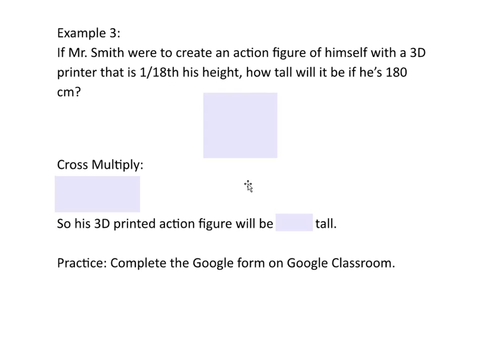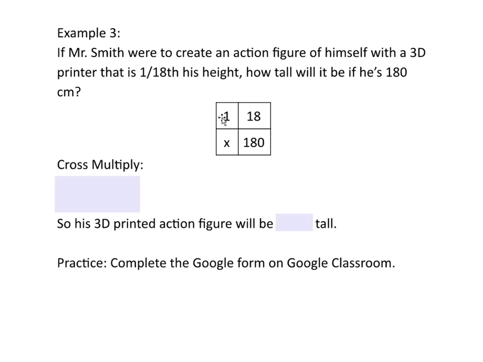Example 3. If Mr. Smith were to create an action figure of himself with a 3D printer that is 1/18 his height, how tall would it be if he's 180 centimeters? This isn't accurate, but we're going to go with it because I like the measures. So if I'm going to print a 3D action figure of myself, I'm going to use a 1/18 scale.